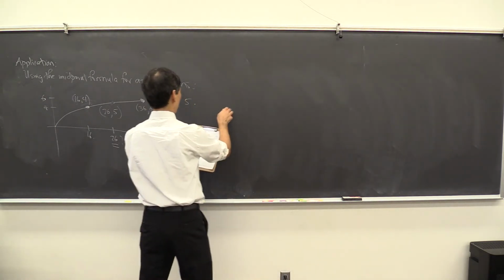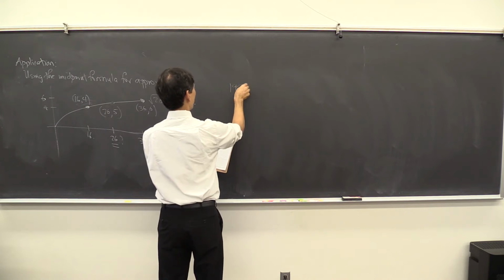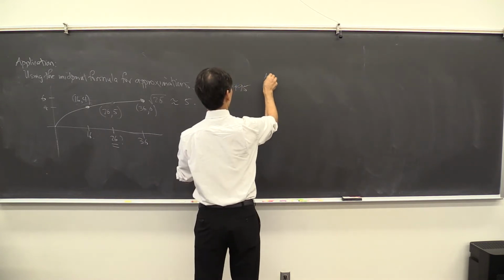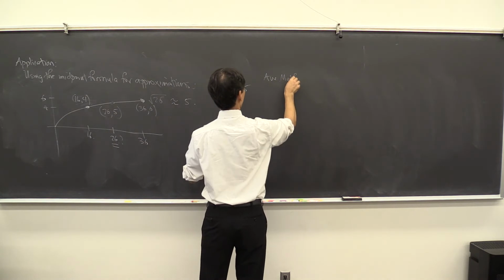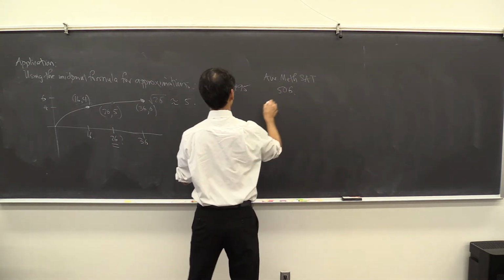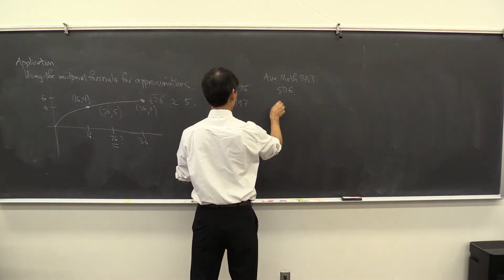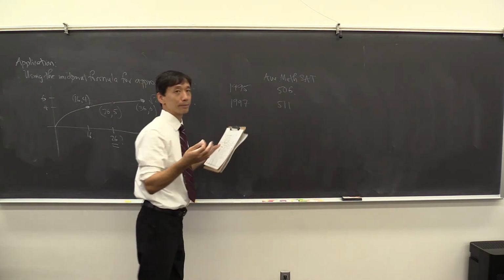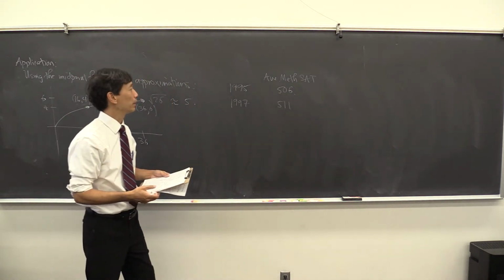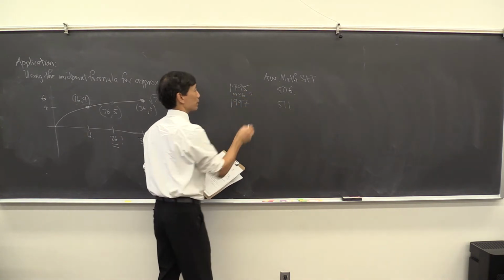They have some sort of survey. And they say that in 1995, the average math SAT score was 506, and in 1997, the average math SAT score was 511. Okay, and they say, well, what was the average score in 1996?